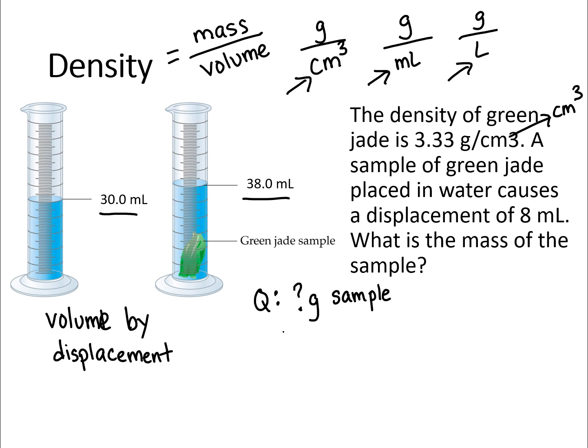What do we know? We know that the density is 3.33 grams for every centimeter cubed. You can write a 1 there. It's the same thing. That looks an awful lot like a unit factor.